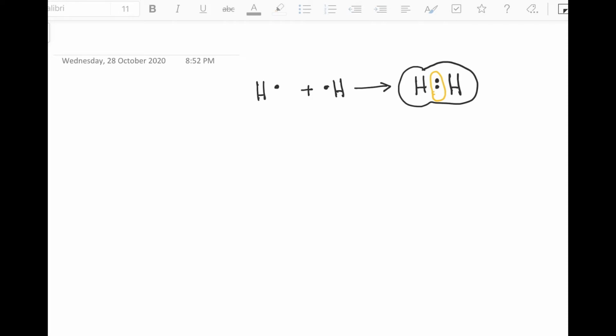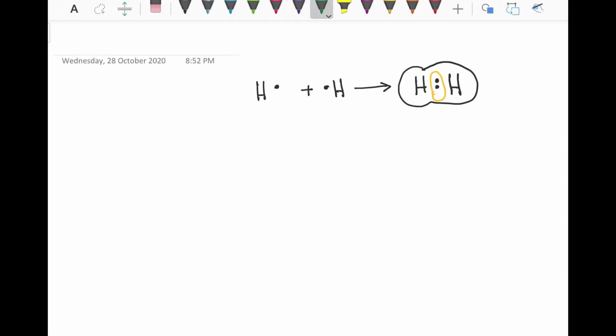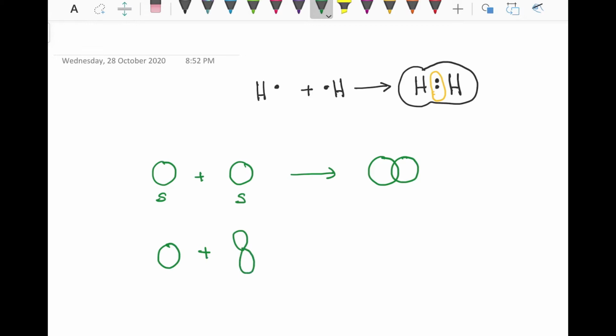Let's say it is between an s orbital with another s orbital, it will form like this, or the s orbital overlaps with a p orbital, it will form like this maybe, or a p orbital overlaps with another p orbital and it will form this.